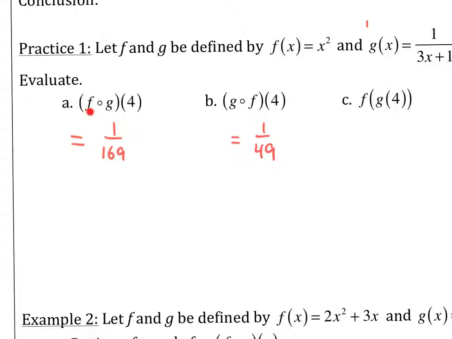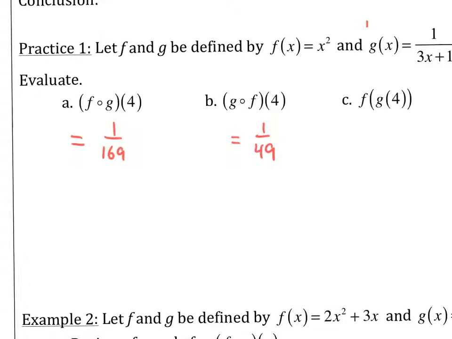So generally, I'll be saying, like, f with g of 4, but you could say f of g of 4, or you can say the composite of g with f of 4, and you can even say f of 4 followed by g, like going in the other way. So it gets kind of complicated. But when we do evaluate this first one, we do get 1 over 69. We evaluate the second one, we get 1 over 49.